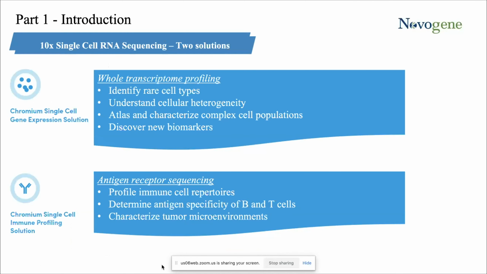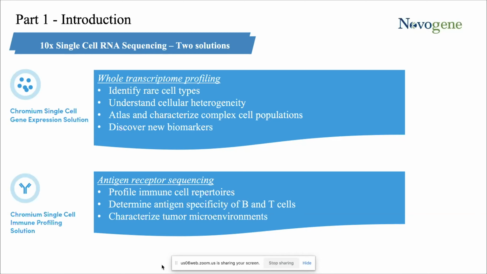Our 10x single-cell RNA-seq offers 2 solutions: whole transcriptome profiling and antigen receptor sequencing. In whole transcriptome profiling, either the 3' or the 5' of each transcript is captured and used toward counting gene expression levels.